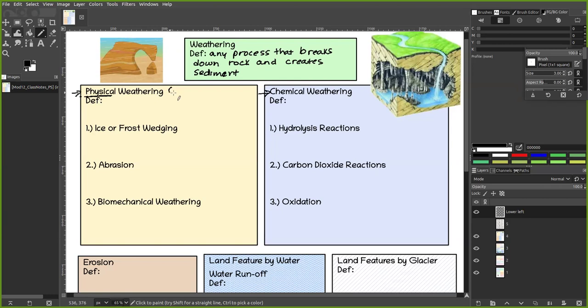Another name for physical weathering is mechanical weathering. And there's a bunch of different ways that this can happen. Now, this is the process of breaking rocks into smaller pieces with no change in the chemical structure.